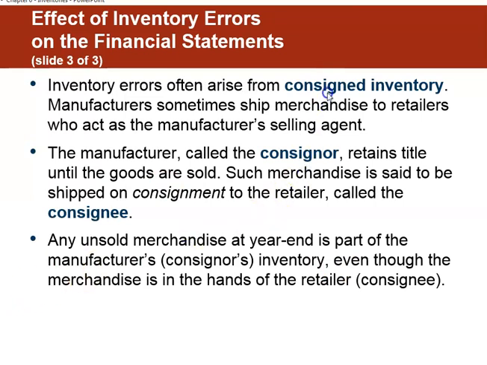And then we have the example of consigned inventory. Got some terminology here. The consignor is the individual who actually owns it, and the consignee is the person who is trying to sell the merchandise. Another example I just thought of, I see these little stores that sell high-end clothing, usually women's clothing, I think. And so there are actually multiple consignors, and then the consignee is actually the shop itself.